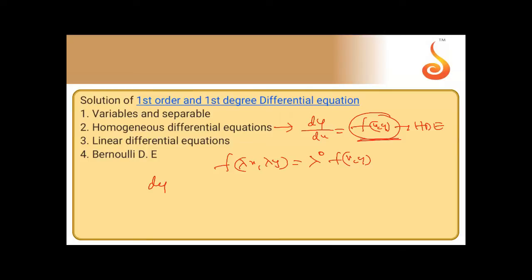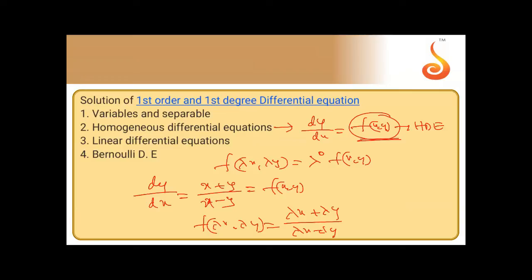For example, I will take dy by dx equal to x plus y by x minus y. It is not possible to separate the variables here. So this is f of x y. Substituting f of lambda x, lambda y gives lambda x plus lambda y by lambda x minus lambda y.